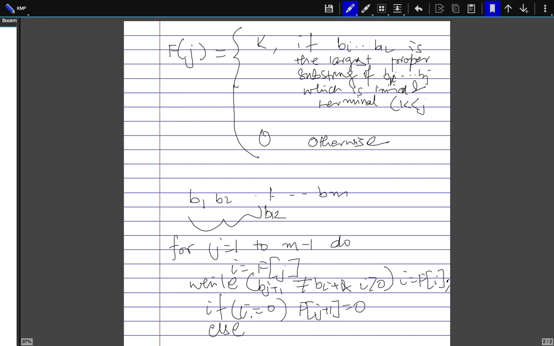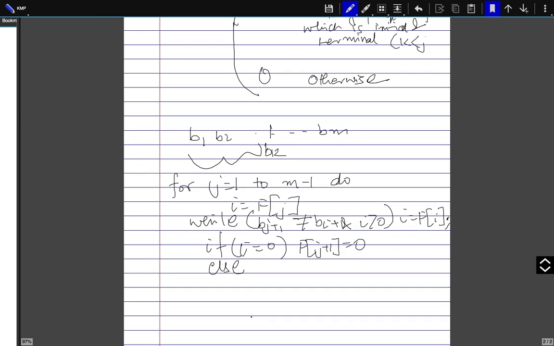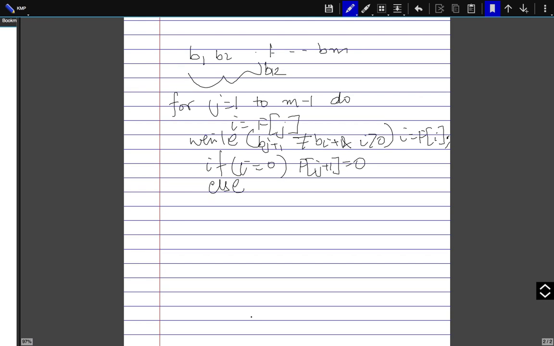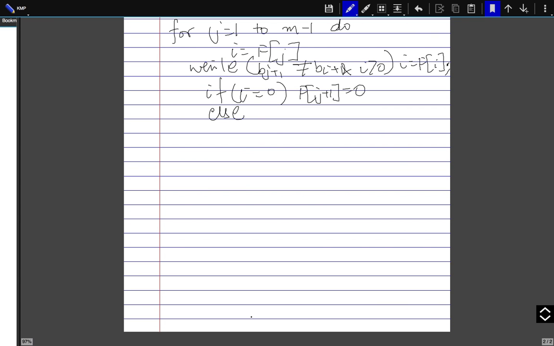Else we deduce that we have reached a point in the array beyond which we have found a substring, beyond which the degenerating property that we used no longer works. So in that case, we know that the rest of the substring of the pattern till j is an initial string equal to the terminal string.